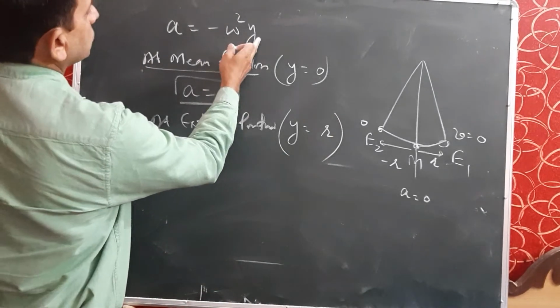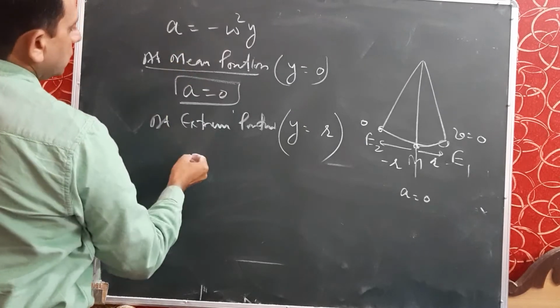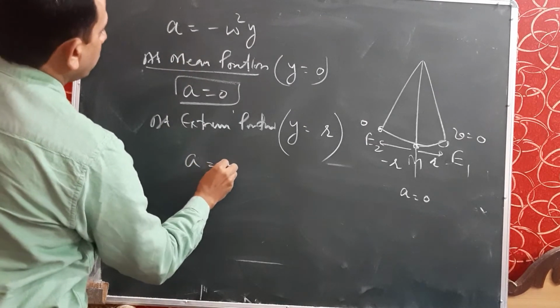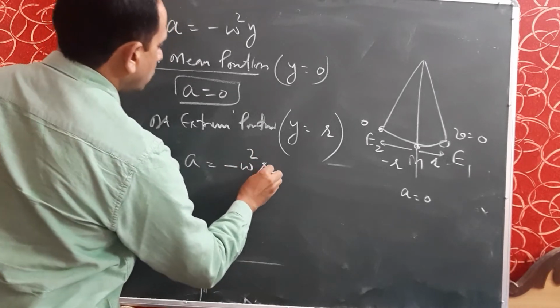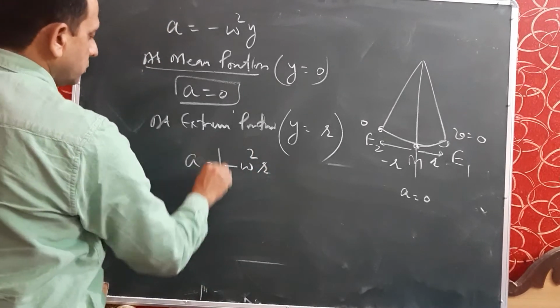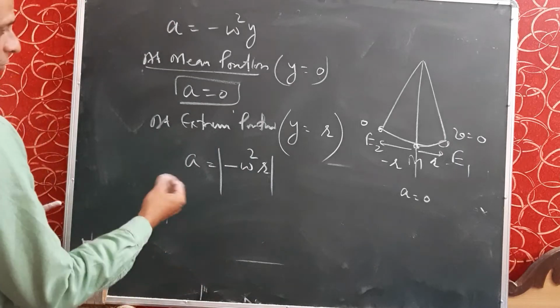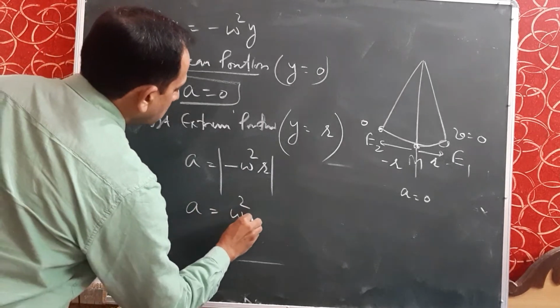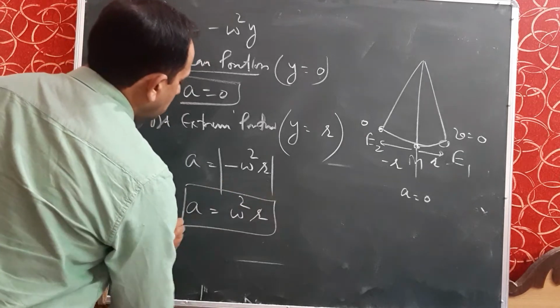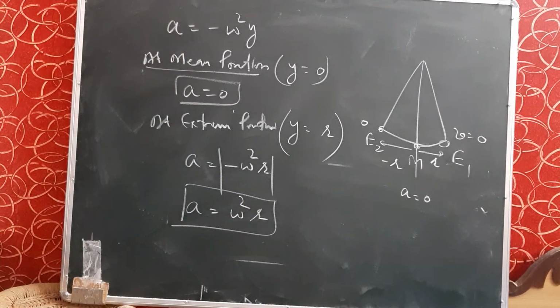So we consider y is r, then a is equal to minus omega square into r, or by taking only its magnitude, a is equal to omega square r. So what is this omega square r? It is the maximum value of acceleration. So this is all about acceleration.